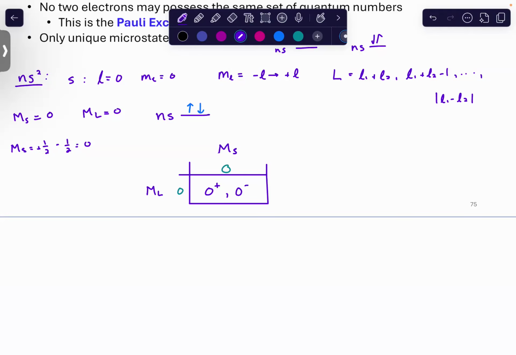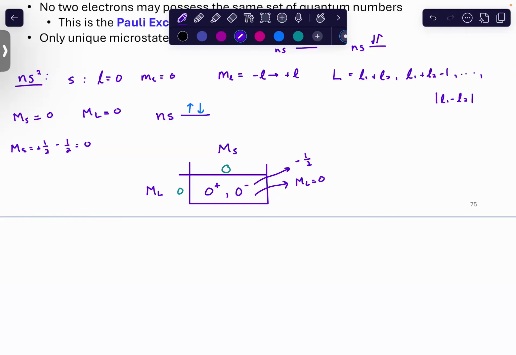The 0 there is an orbital M sub L equals 0, and your superscripts, like that one, is your minus 1/2 spin. You can think of those pluses and minuses as spin up, spin down. And so this is your only possible microstate here.